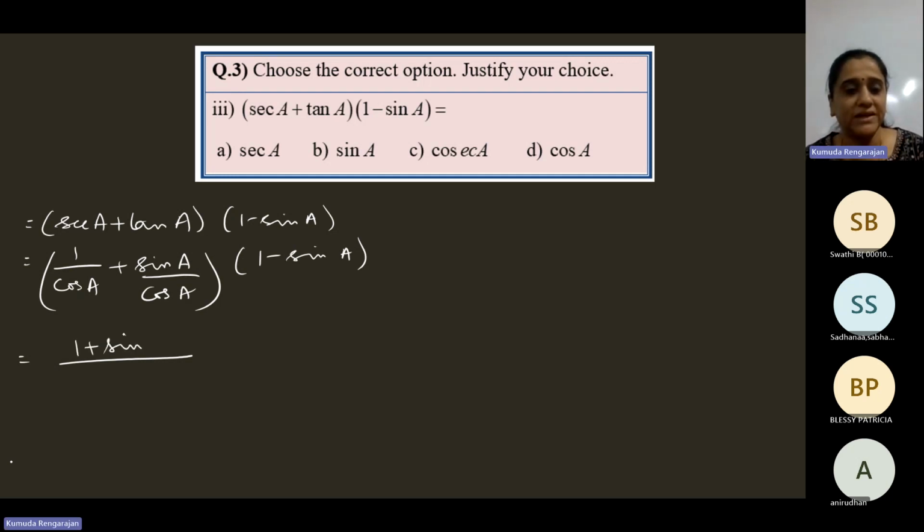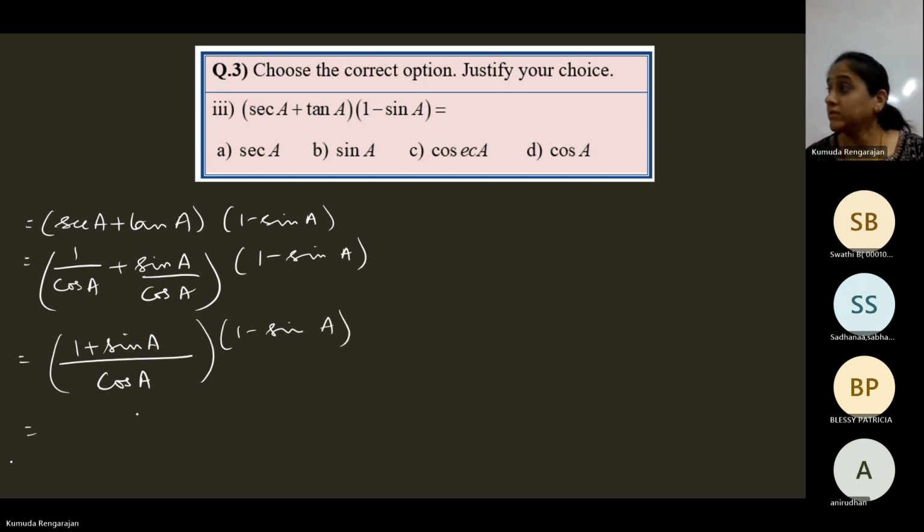1 plus sin A by cos A into sin A. How cos A by cos A? Next, what should we do? Common denominator? No, it's multiplication.